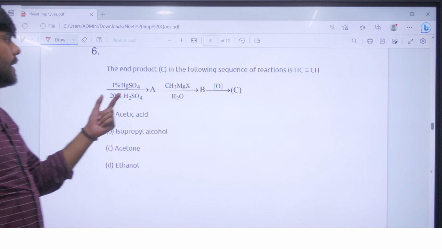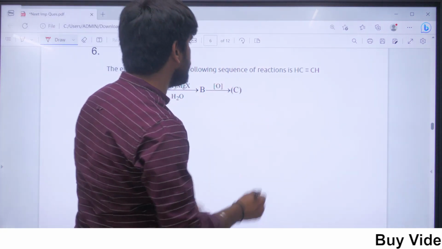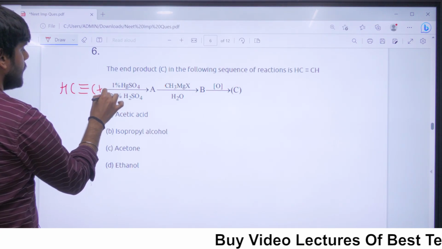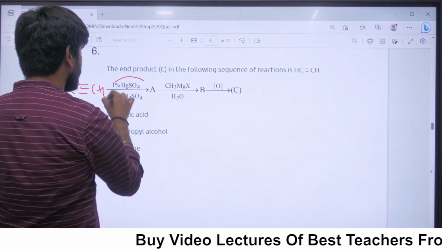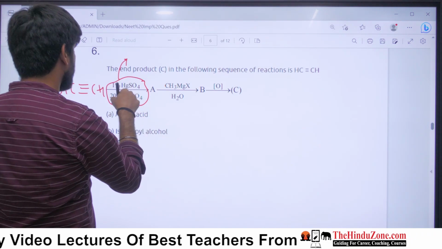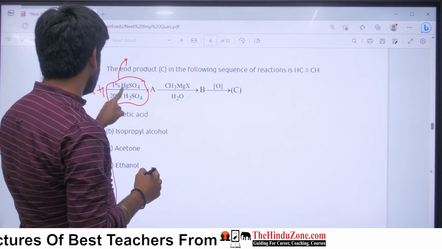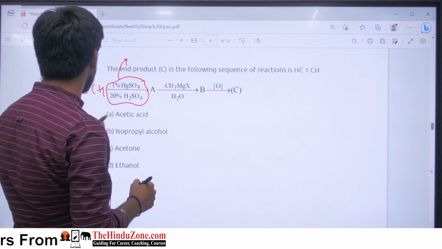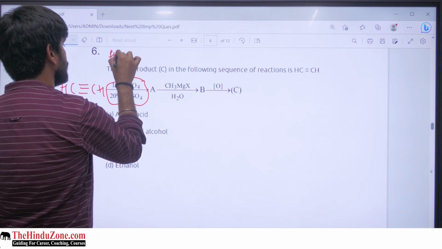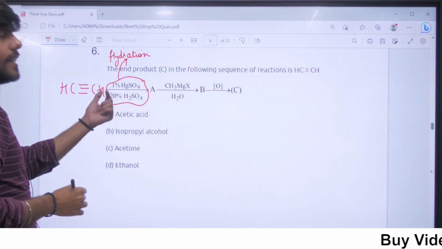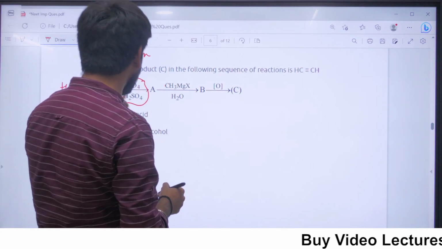The end product C in the following sequence of reactions is, okay, so I have acetylene. Basically I have 1% HgSO4, 20% H2SO4. Okay, so this is your hydration of alkyne in the presence of mercuric ion.